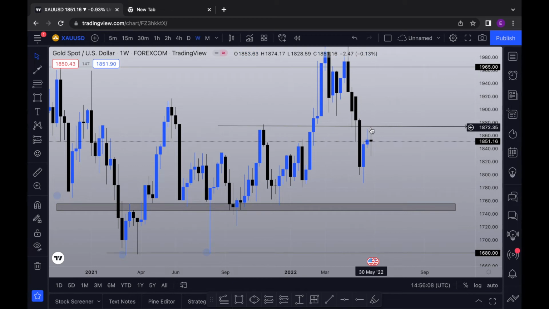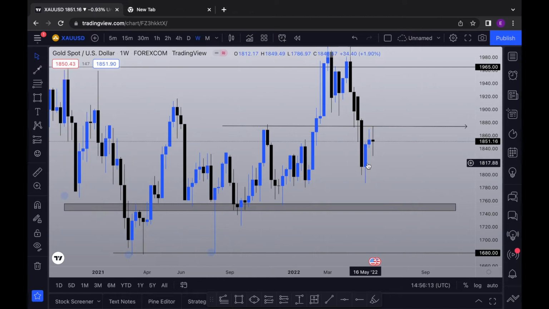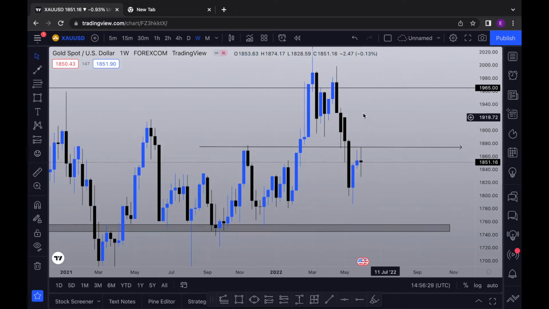What am I going to do right now? The weekly time frame is looking pretty good and clean because it's still showing me that this market is going to go down, but I'm not very sure yet. Another level I would need to mark out on this weekly time frame is this level.